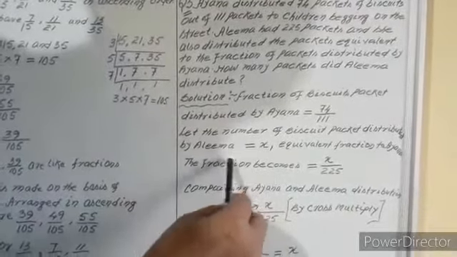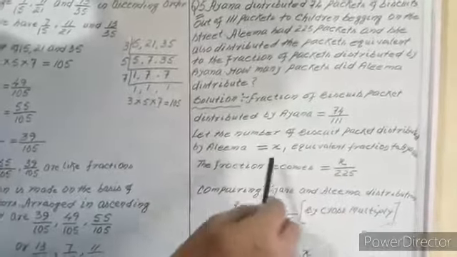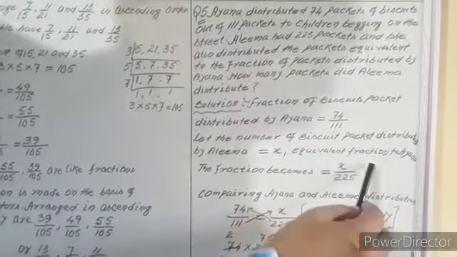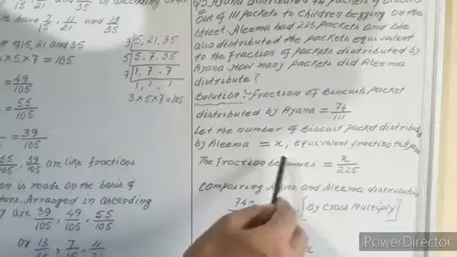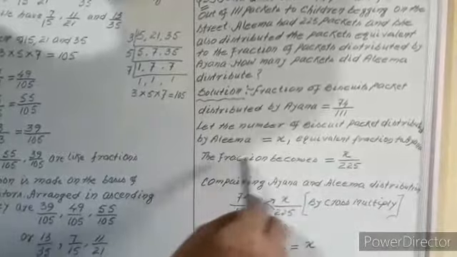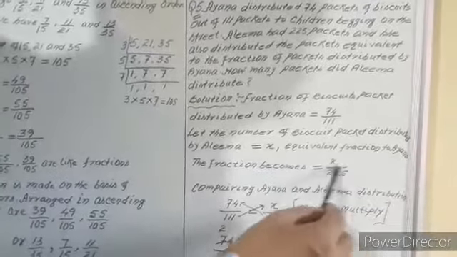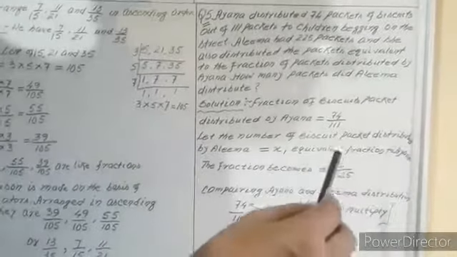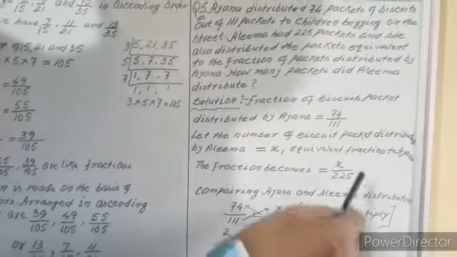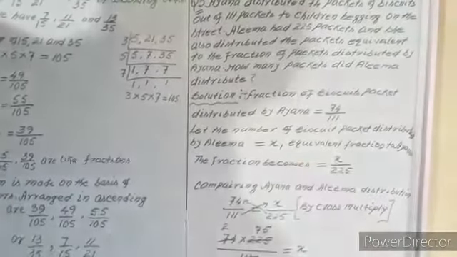So we assume that the number of packets distributed by Alima was X. This X is an equivalent fraction to Ayana's distribution, so the fraction becomes X upon 225. 225 is the number of packets of biscuits that Alima had.